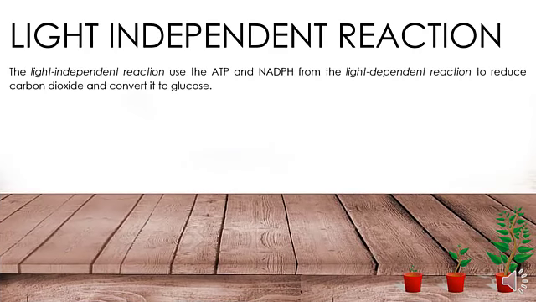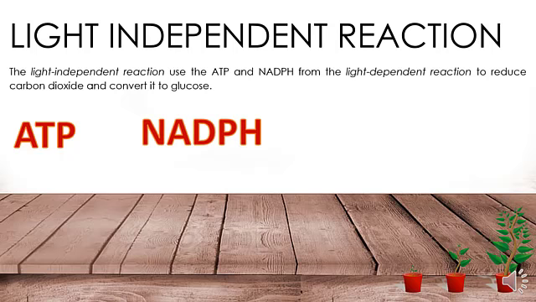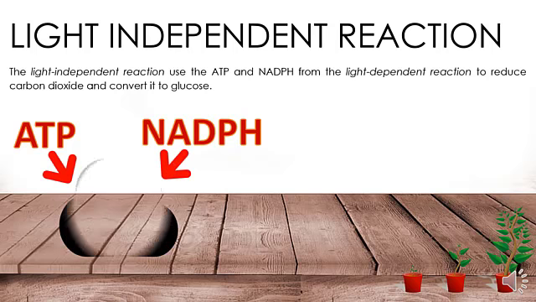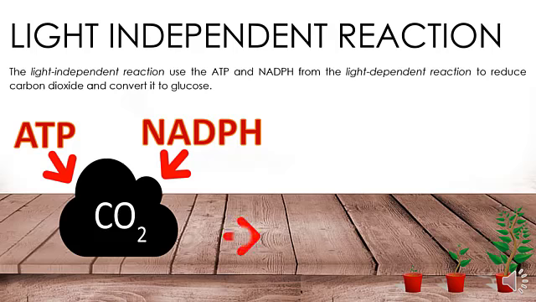Let us proceed to light-independent reaction. Light-independent reaction uses the ATP and NADPH from the light-dependent reaction to reduce carbon dioxide and convert it to glucose.